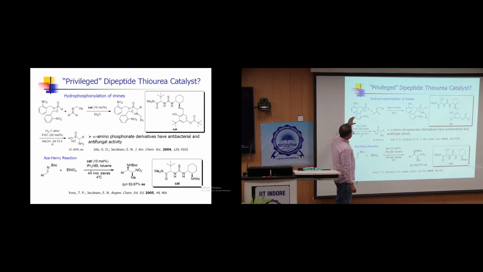They use it in the addition of phosphorus to the amines using this type of catalyst, and they say these alpha-aminophosphonate derivatives have very high antibacterial and antifungal activity. Okay, so this is the last slide I show you on the attempts of organocatalysis.